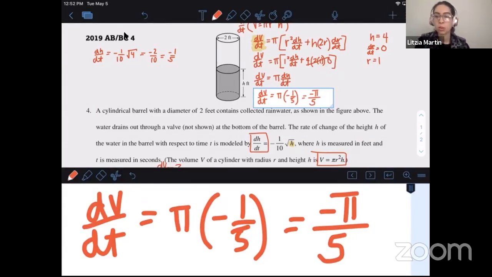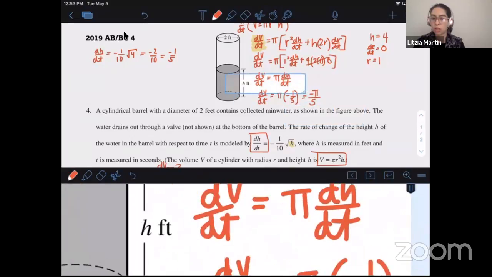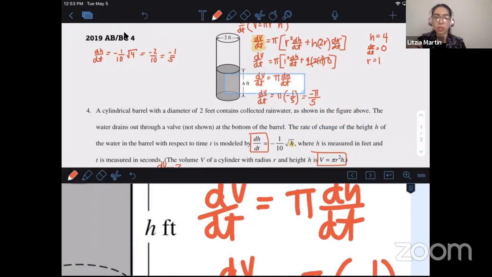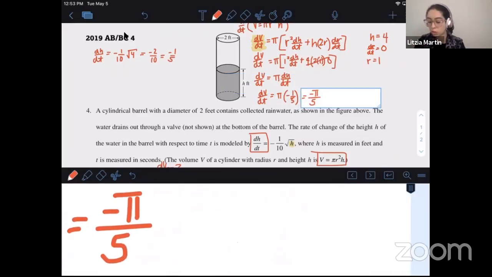However, now the question is, what are the units? Because we need to have the correct units here. So it's the change in volume over time. So what are the units for volume? The units for volume are cubic feet, right? If the one-dimensional measure is feet, then the volume is feet cubed or cubic feet.